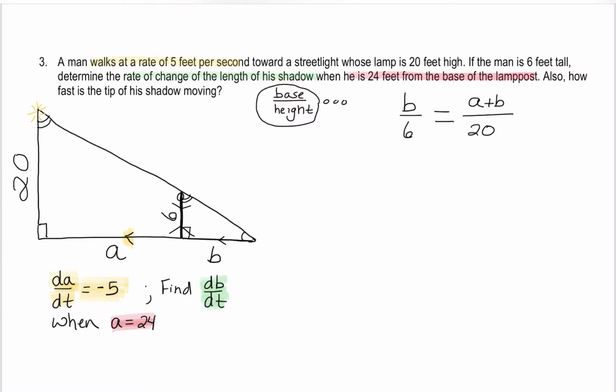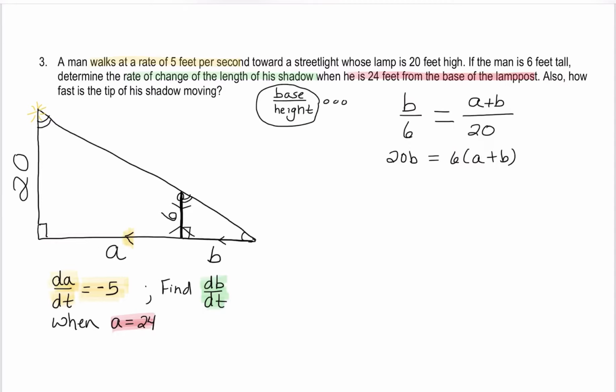While it's certainly fine to go ahead and differentiate with respect to time, I would probably clear the denominators and do a little bit of simplifying first. It's just going to make the derivative process a little bit easier. So first we could write this as 20b is equal to 6 times the quantity a plus b.